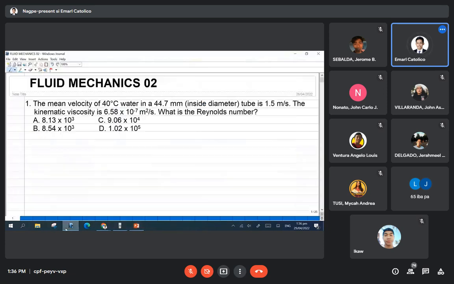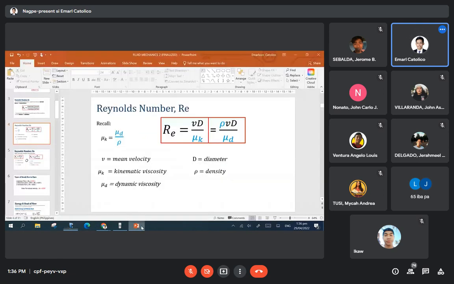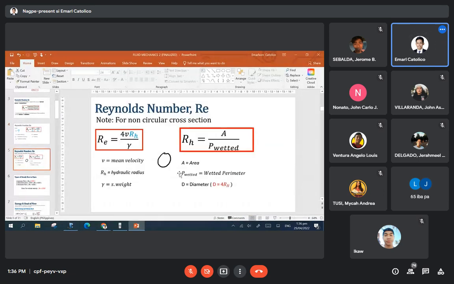Ito na lang siguro. Like for example, meron kang sphere, tapos merong laman na tubig. So yung wetted perimeter mula dito hanggang dito lang siya. So yan yung consider mo. Okay? So ganun siya.